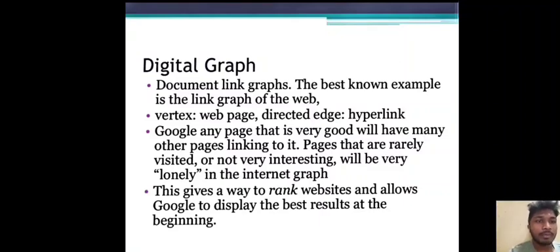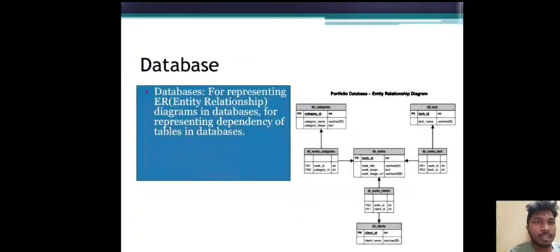Database, for representing the entire relationship diagram in the database, for representing the dependence of tables in the database. Like in a computer, the memory is stored in different places, all connected by edges, and the data are the vertices of this graph.